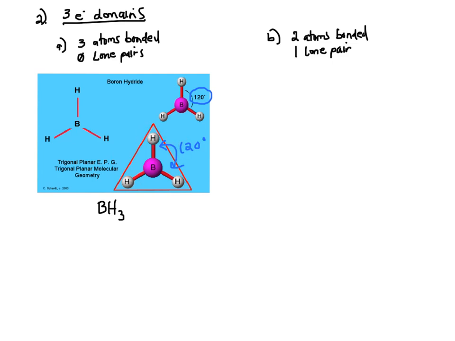The name of this is trigonal planar. Trigonal planar geometry is trigonal because it's like a triangle, and planar means that all the atoms are flush with each other. They're in one plane.